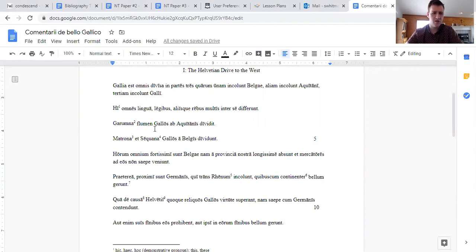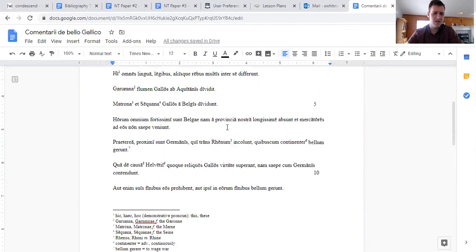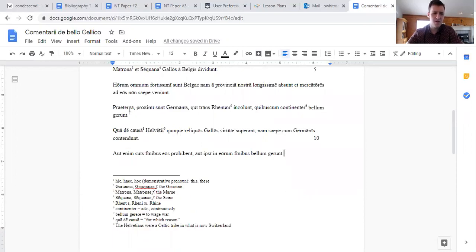The river Garonne separates the Gauls from the Aquitani. The Marne and the Seine separate the Gauls from the Belgians. Of all of these, the strongest or the bravest are the Belgians, for they are furthest away from our province, and merchants do not often come to them.